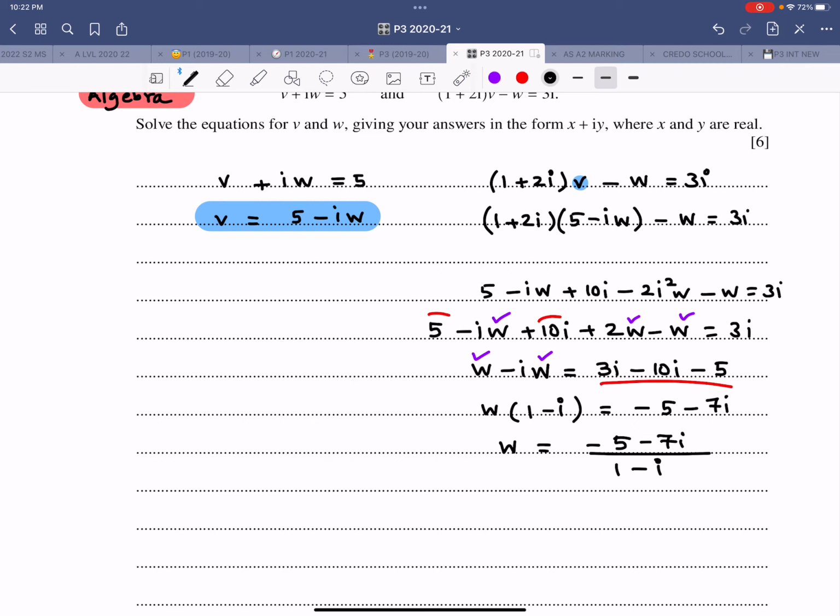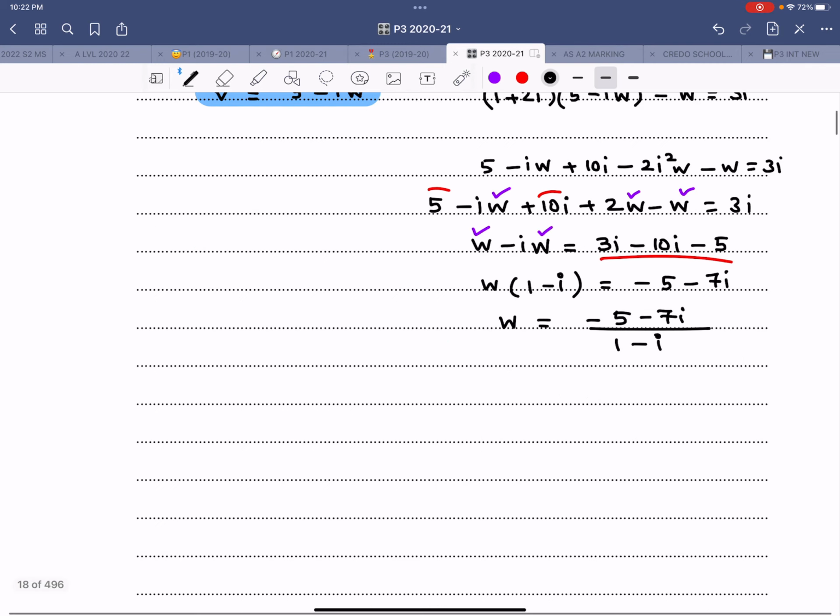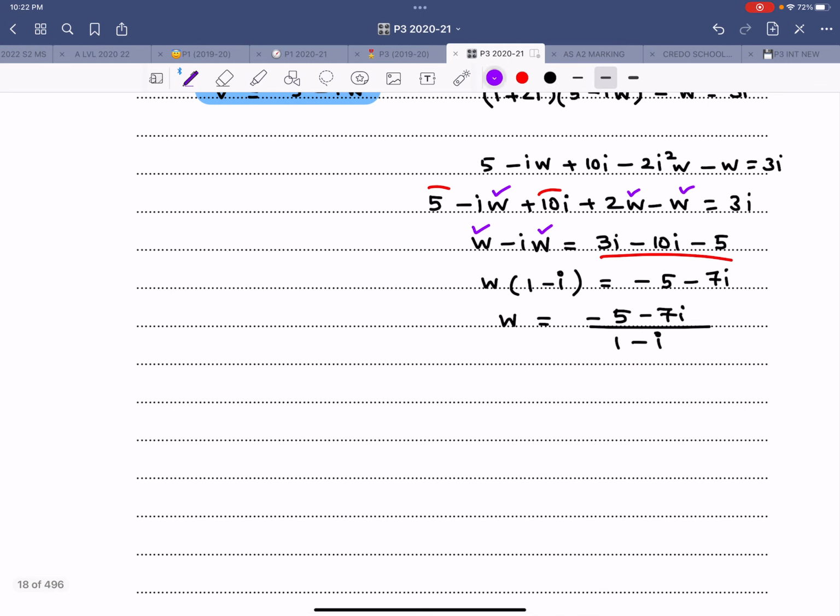And should I rationalize it? Definitely you should rationalize it. So therefore multiply and divide by the conjugate of the denominator. The conjugate is 1 plus i. So therefore this is minus 5 into 1 is minus 5, minus 5 into i is minus 5i, minus 7i into 1 is minus 7i, and that is minus 7i squared, which becomes plus 7, divided by 1 squared plus 1 squared.